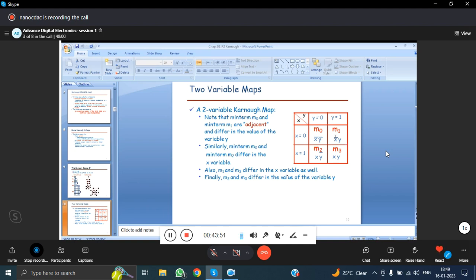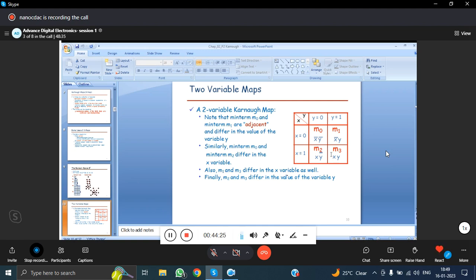Similarly M1: here x is equal to 0, so x bar, and the corresponding y value is 1, so y. For M2, x is equal to 1, so you simply write x, and y is equal to 0, so y bar.